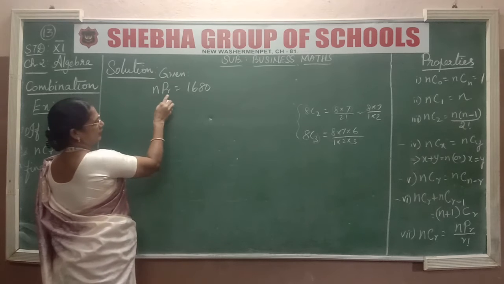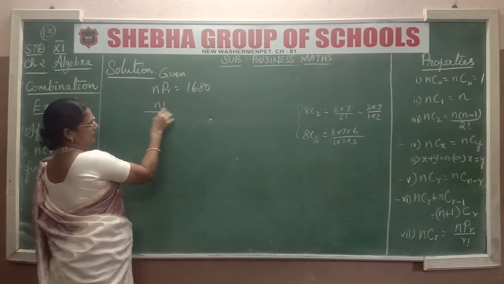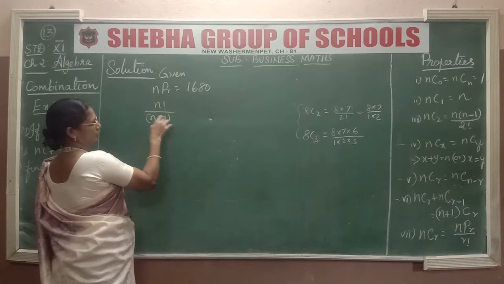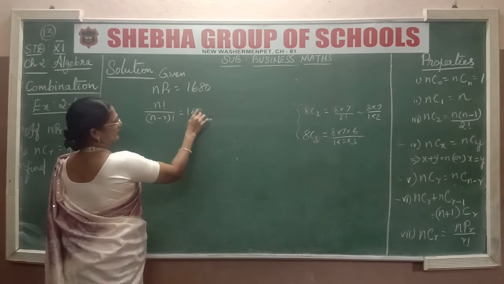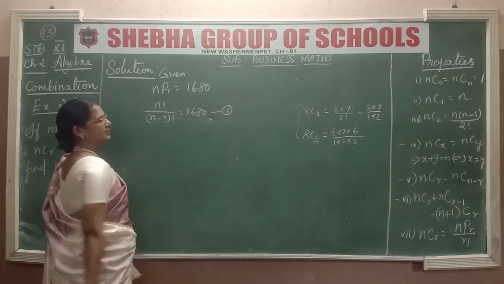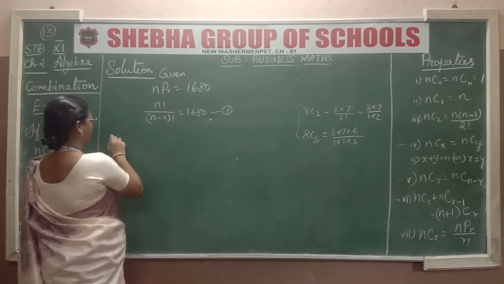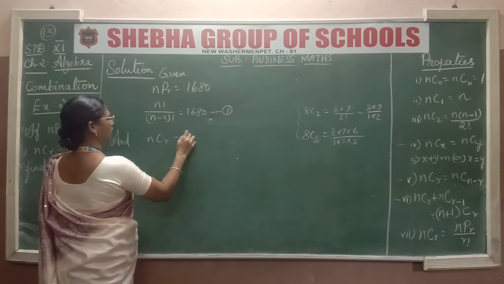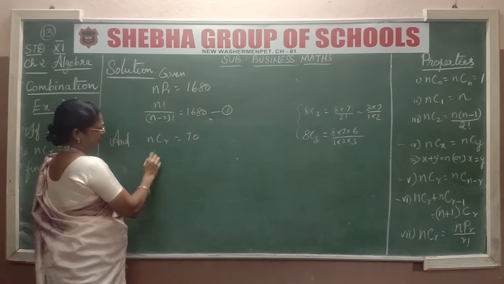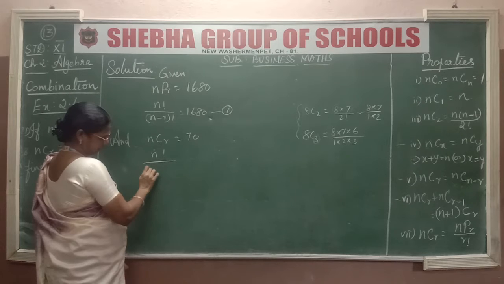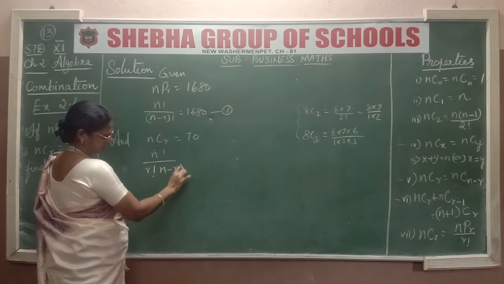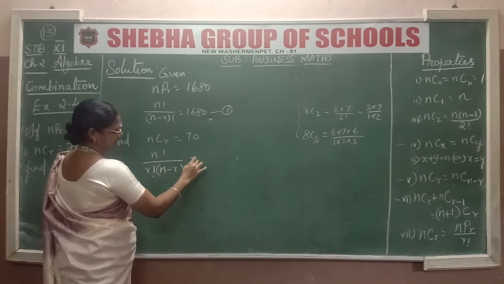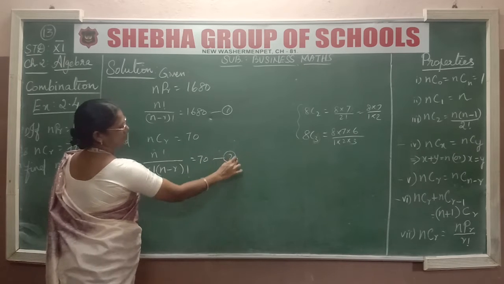Write the formula for nPr, that is n factorial by n minus r factorial, equal to 1680. Mark it as equation number 1. And the next one given is nCr equal to 70. Write the formula, n factorial by r factorial into n minus r factorial, which is equal to 70. This is our equation number 2.